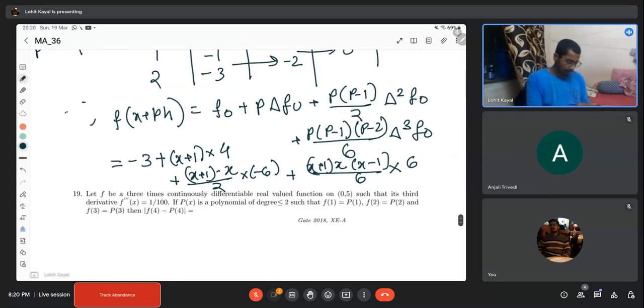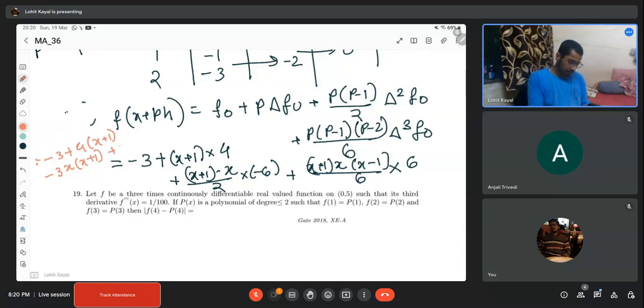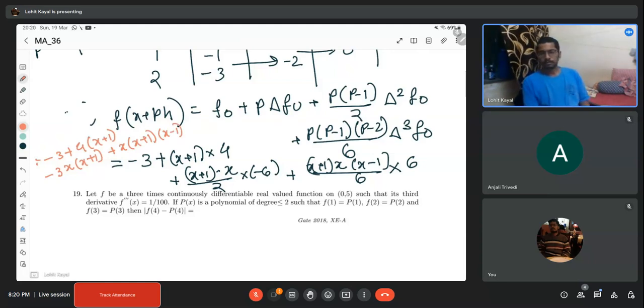So what will be the result? The result will be minus 3 plus 4 times x plus 1, minus 3 x into x plus 1, plus x into x plus 1 into x minus 1. So this is the final expression.